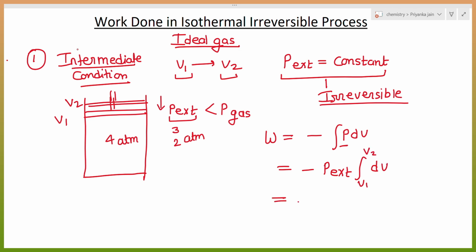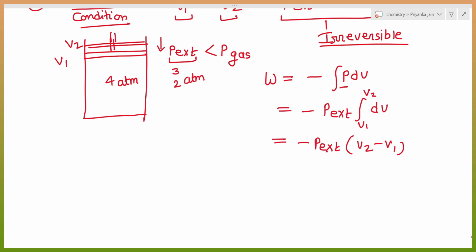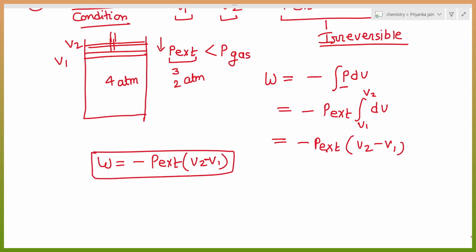So this will be equal to minus P external (V2 minus V1). So we can write W is equal to minus P external (V2 minus V1). This is the formula for the irreversible process, work done in the irreversible process.